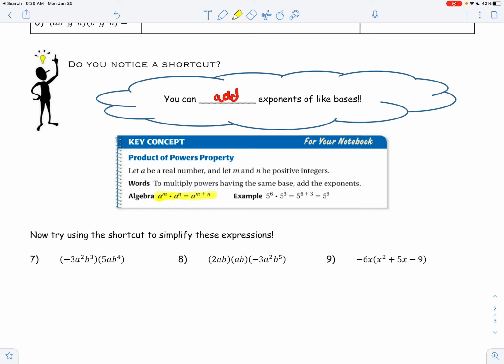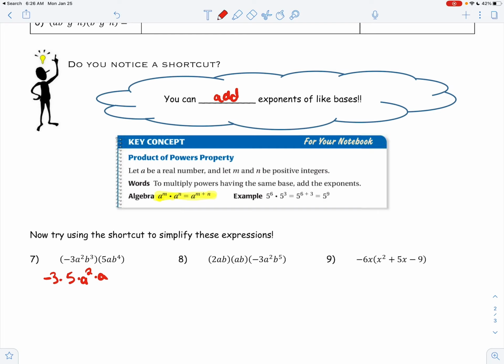So now it says try using the shortcut to simplify these expressions. So we have negative 3a squared b cubed times 5a b to the 4th. And we're going to use the shortcut, but first we're going to rearrange this so that we put all like bases together. For instance, negative 3 times 5.